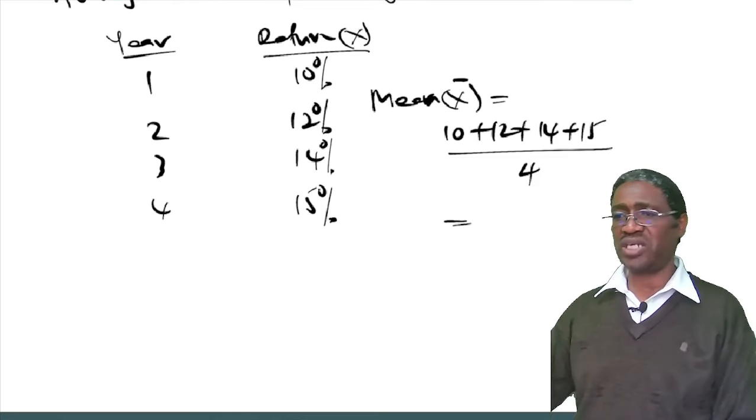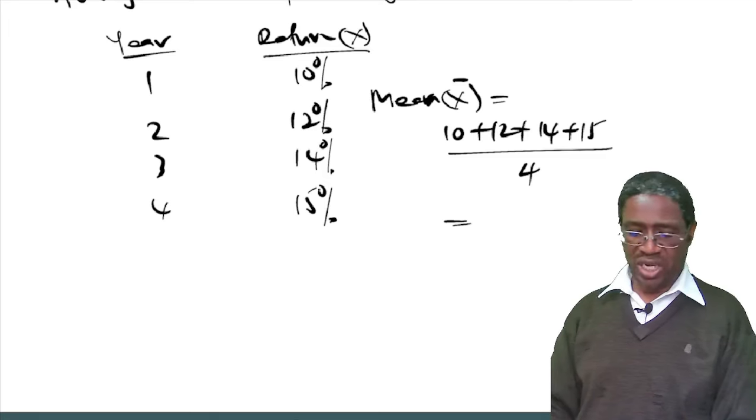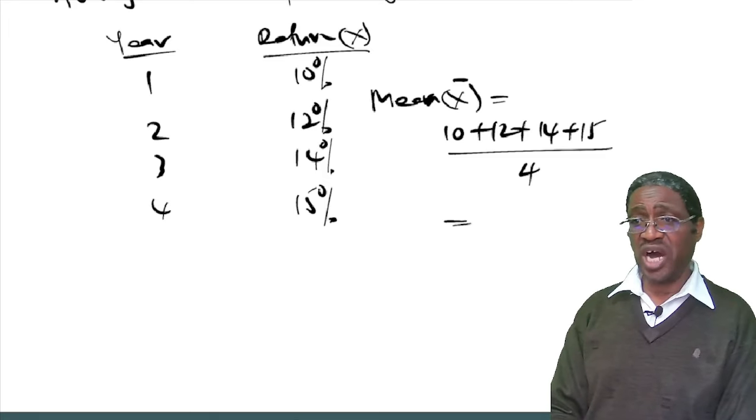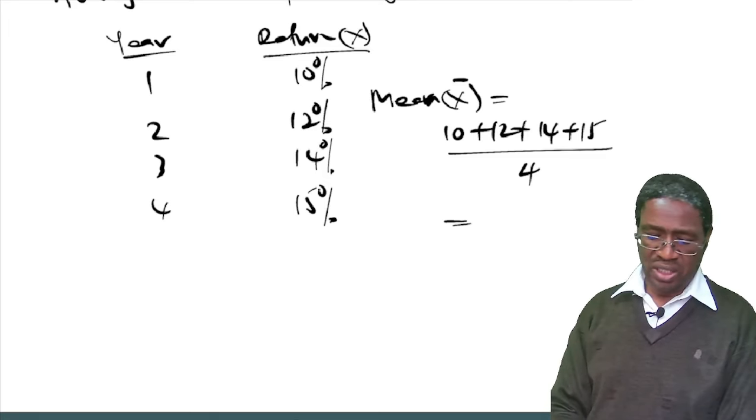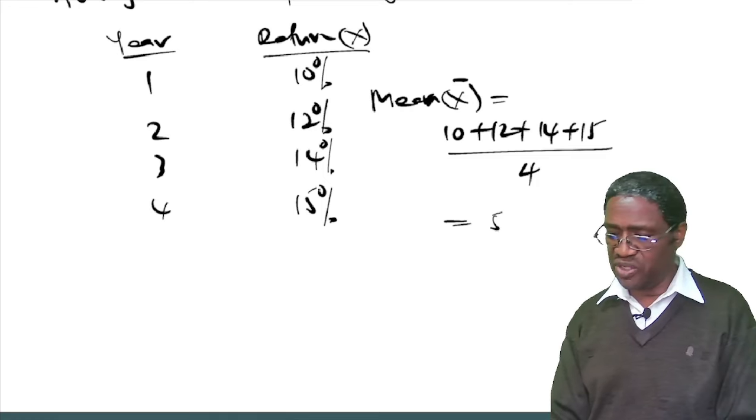Let me do that calculation for us. We want to see the average return. So the first year, 10% plus 12 plus 14 plus 15, that gives me 51.